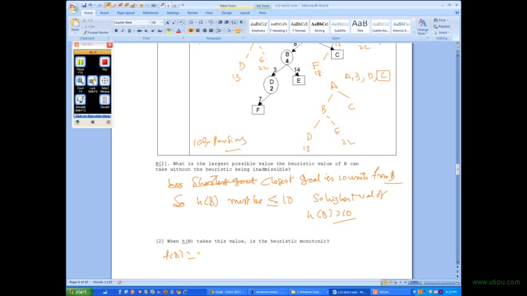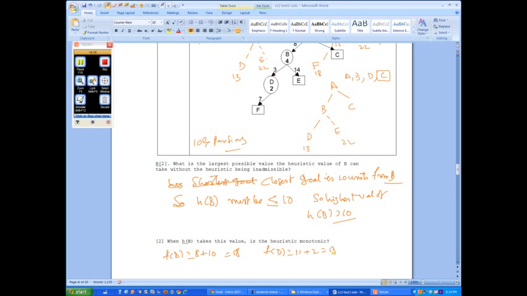would be g of B plus h of B. What is g of B? g of B is 8 plus h of B is 10, so 8 plus 10 will be 18. Now if you take f of D, everything else remains the same. So f of D will be 11 plus 2, which will be 13.